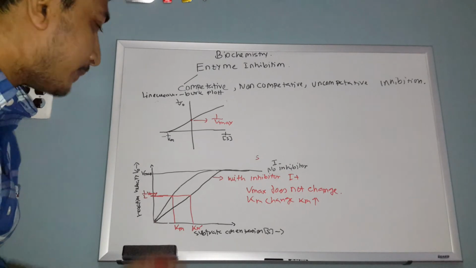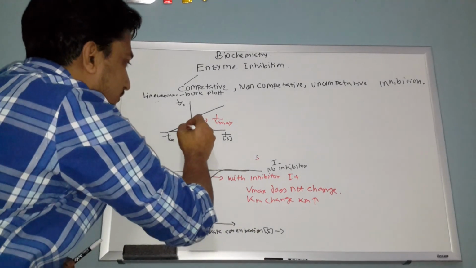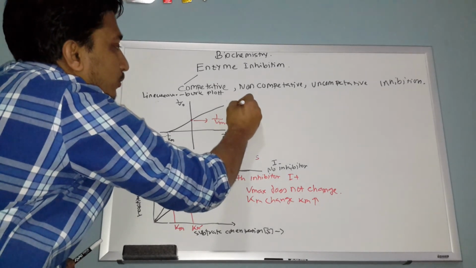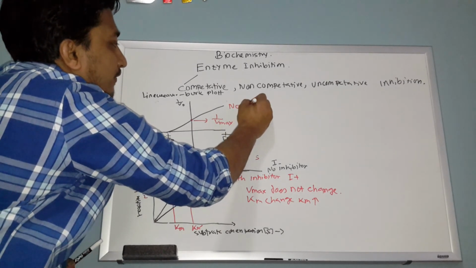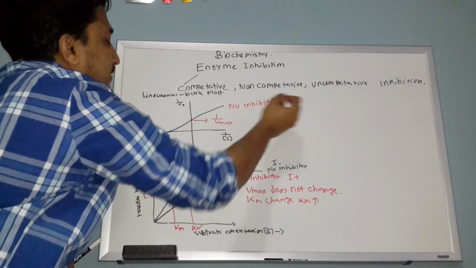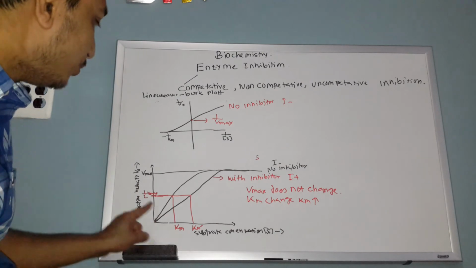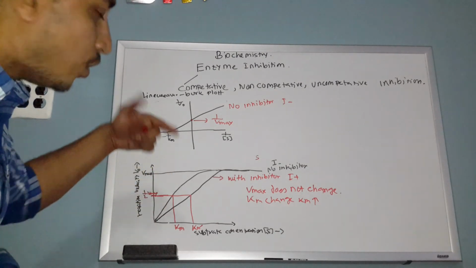So we know that Vmax does not change. Vmax does not change means what? This is no inhibitor, I minus, and Vmax does not change, and you know the second one is going to be lower.